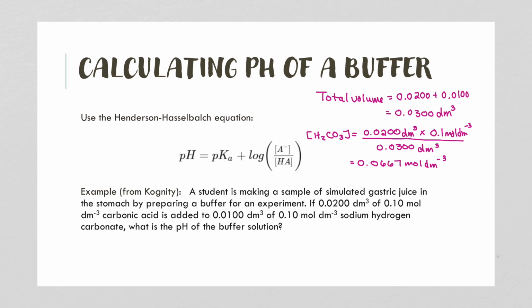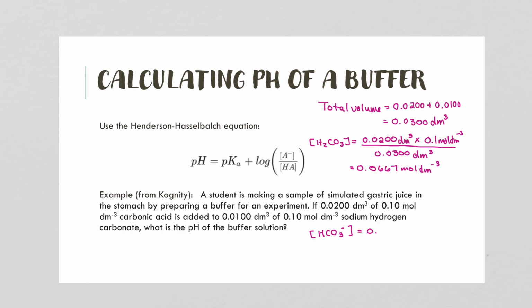And then we do the same thing for sodium hydrogen carbonate. This time we only had 0.01 decimeters cubed, but it was the same concentration. And then we divide it by the total volume.